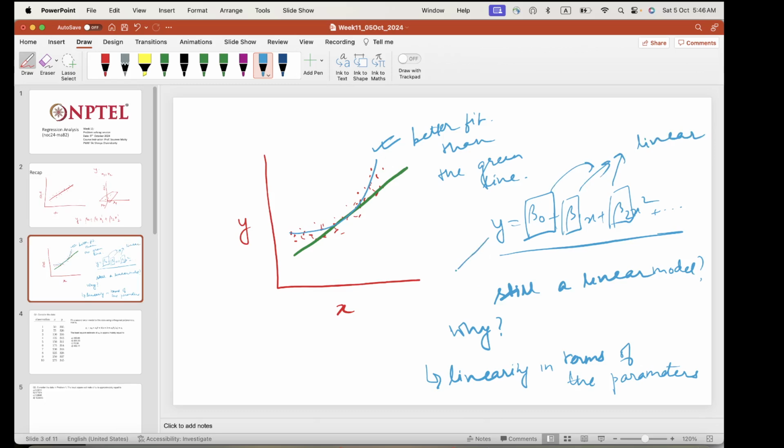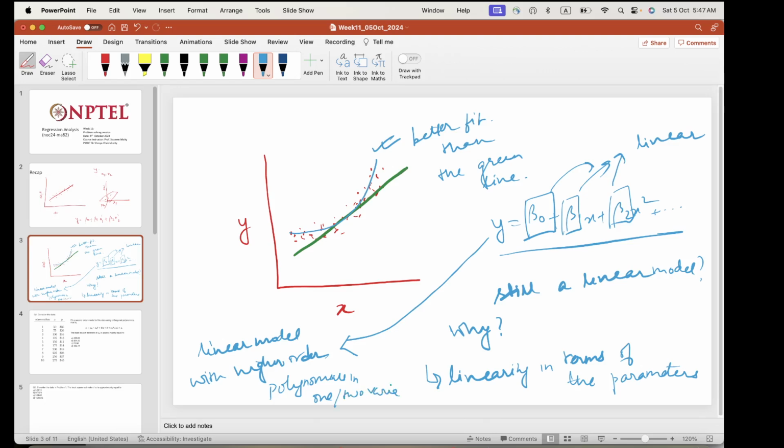So this one is actually a linear model with higher order polynomials in one, or it could be two, variables. Okay, one or more than one variable, that is to say.